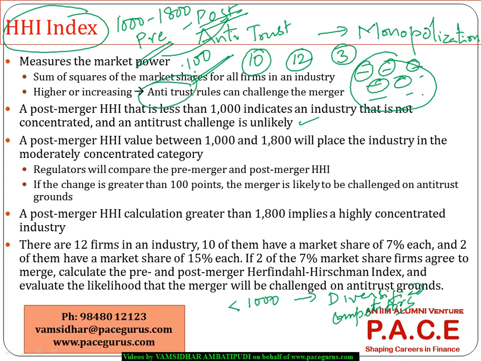Whereas if the difference is less than 100 and the value is lying between 1000 to 1800, then also there is no question of concentration coming into the picture. So there is no question of any antitrust law or any monopolization related thing getting in.